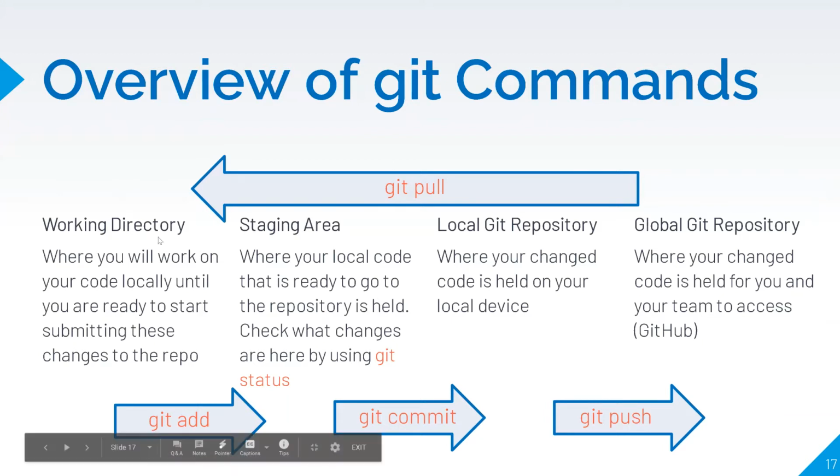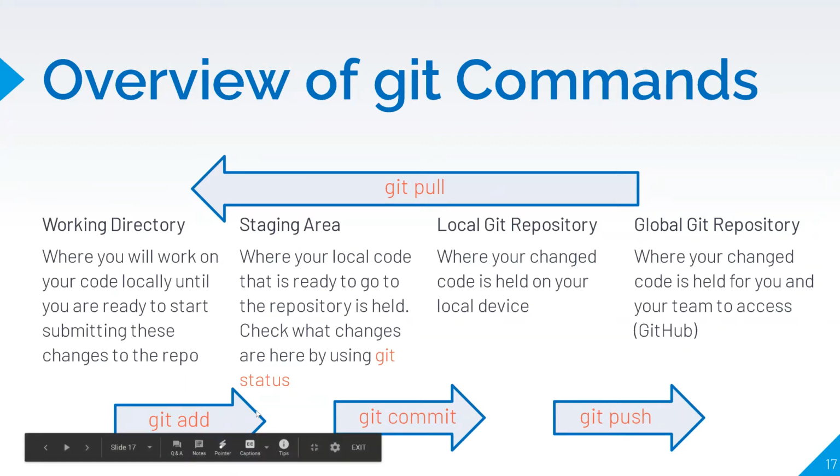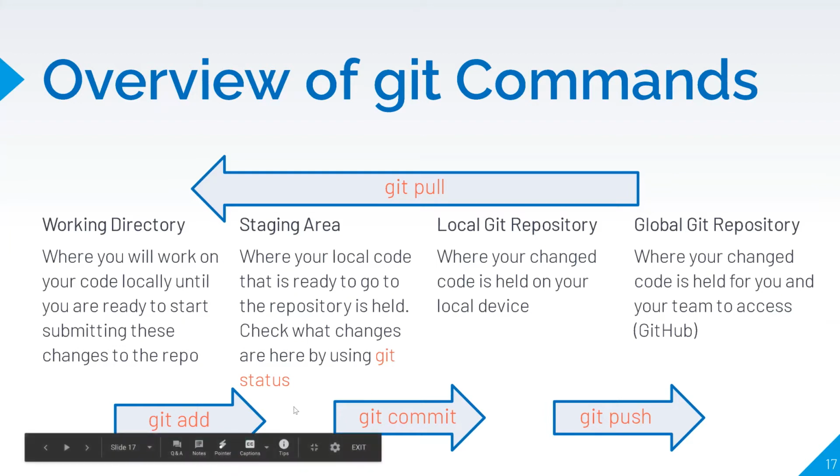Just where we are right now, these are some of the commands that we've gone over. When you're in your working directory, this is your local computer where you change your code, and you're ready to start getting that tracked on its way to the global Git repository. The first thing you're going to do is git add. We talked about that, and that adds it to the staging area. And I talked about how you can view what's in the staging area by saying git status.